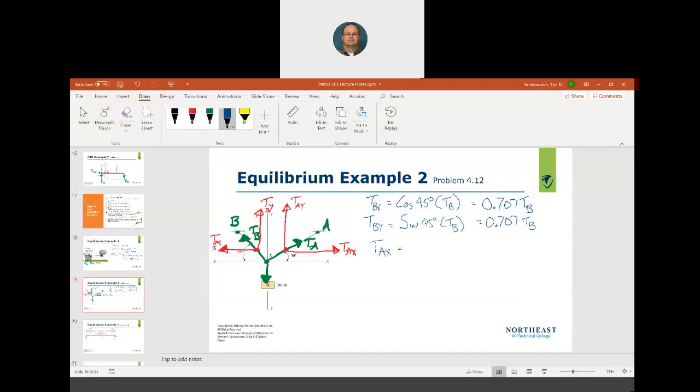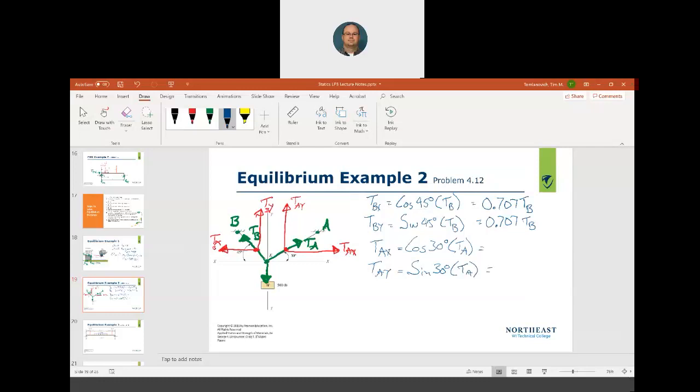TAX equals cosine of 30 degrees times my hypotenuse, which is TA, and TAY equals the sine of 30 degrees times TA. Okay?